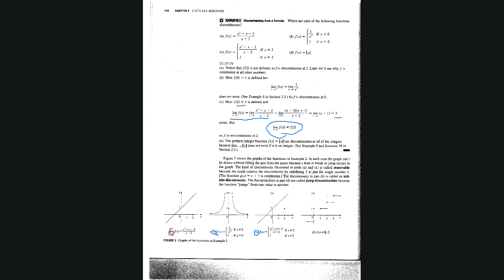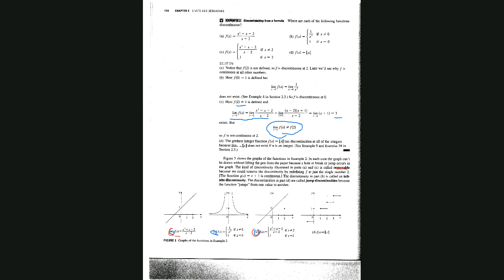For functions A and C, the type of discontinuity is called a removable discontinuity, because it's easy to fix. All you have to do for A is define f(2) equals 3. Let me go to part C, it's a little easier.